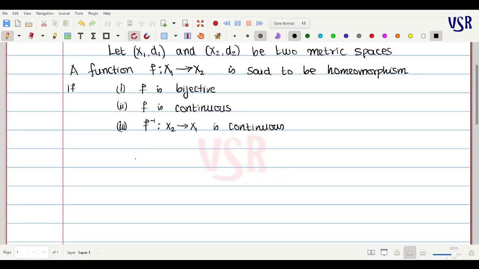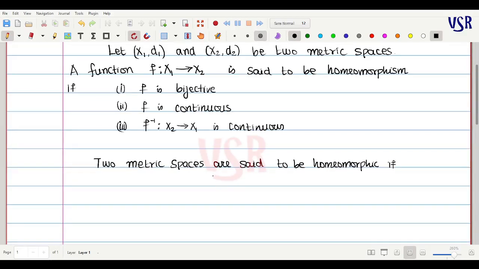Okay, so next definition: two metric spaces are said to be homeomorphic if it satisfies this criteria.